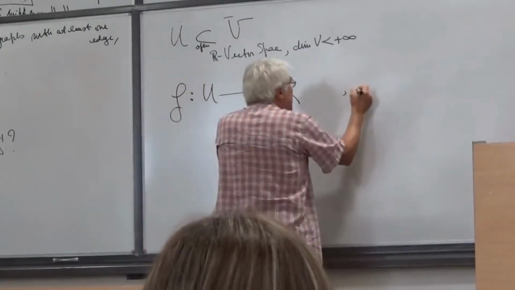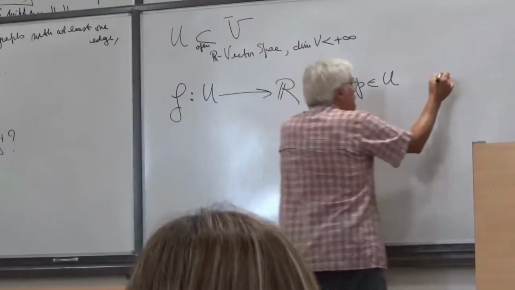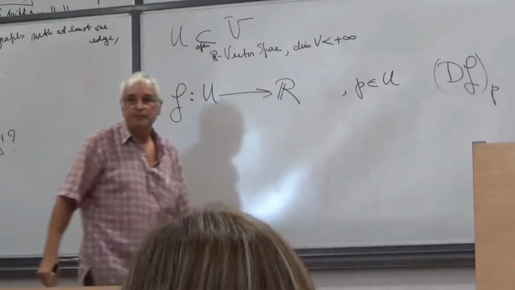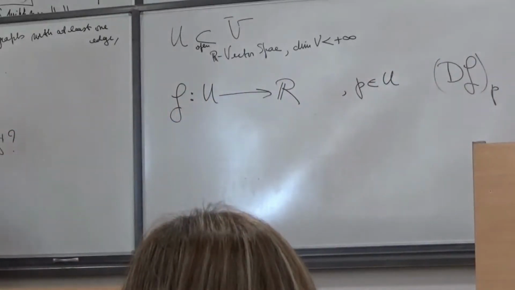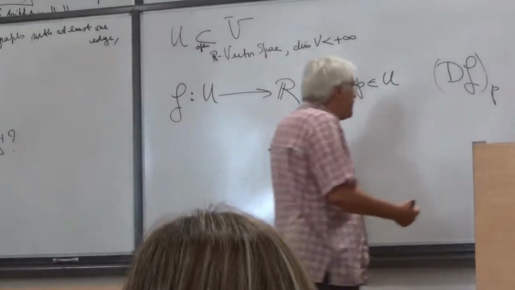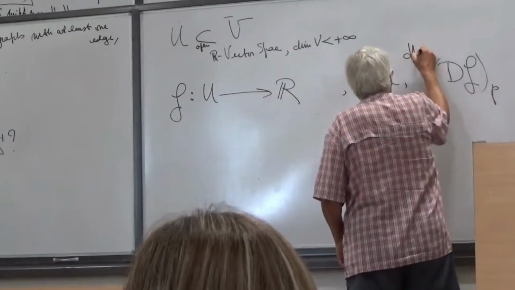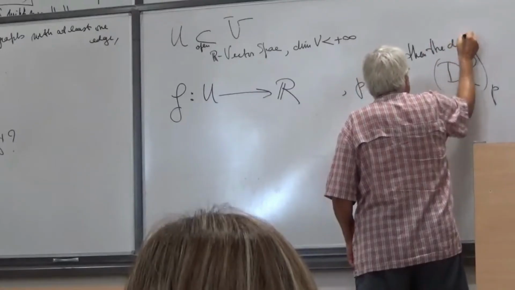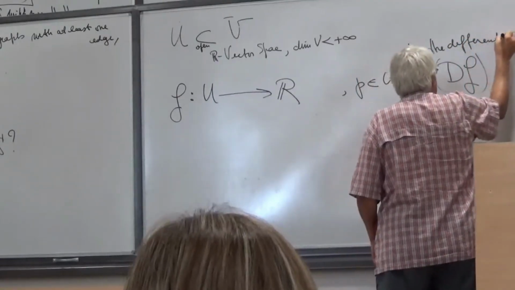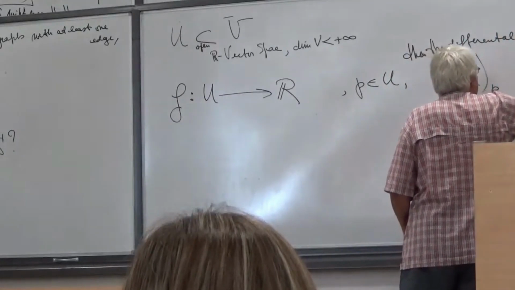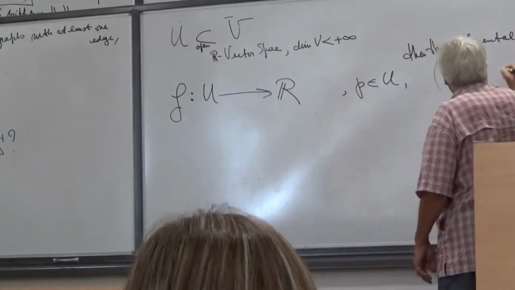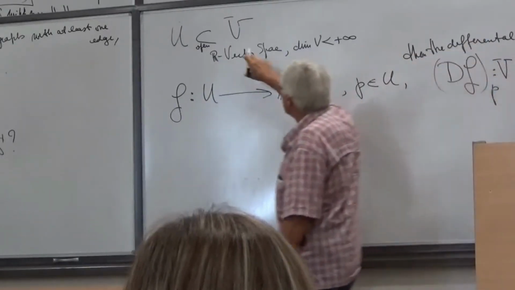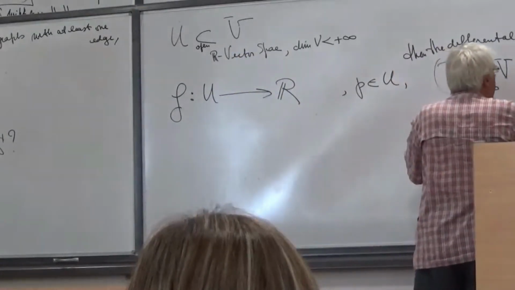When we have a point P in U, I wish that we understand the differential of f at the point P. And first thing I say, the differential of f at P is something. It is a map from the ambient vector space to the real numbers.